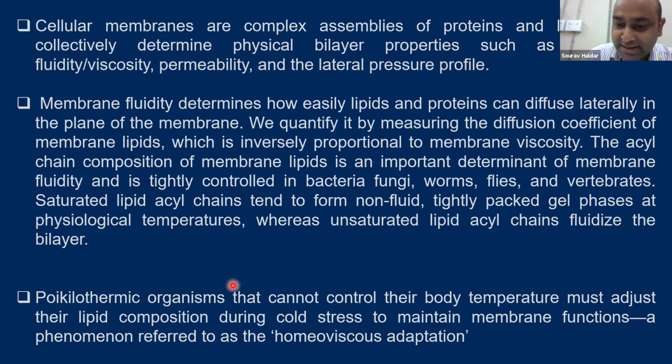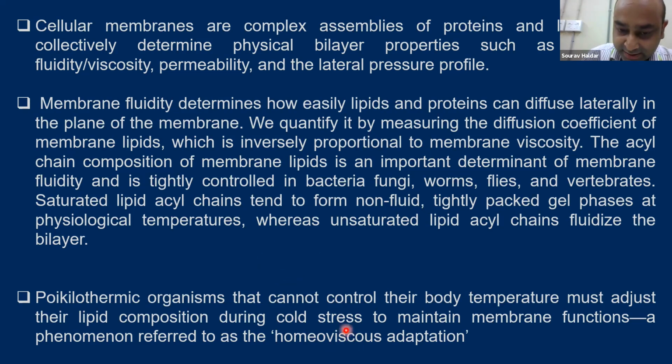And this is known as homeoviscous adaptation, which basically tells that the cell has the ability to control its metabolism such that membrane fluidity is maintained at an optimal level, so that the organisms don't suffer any stress and can survive under adverse conditions.